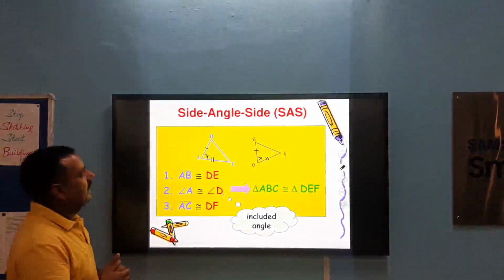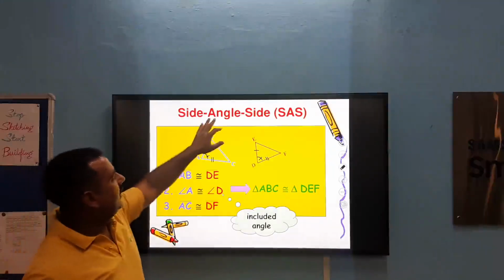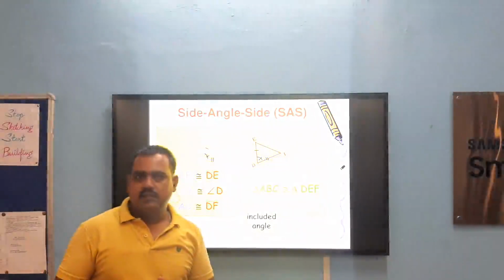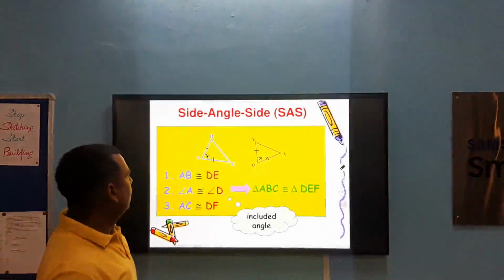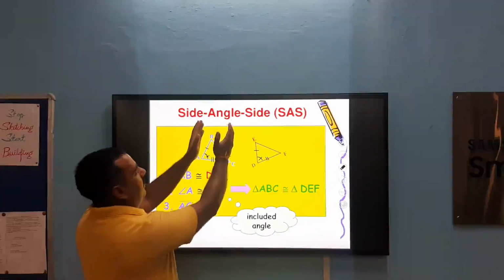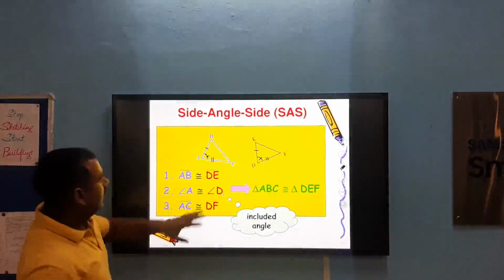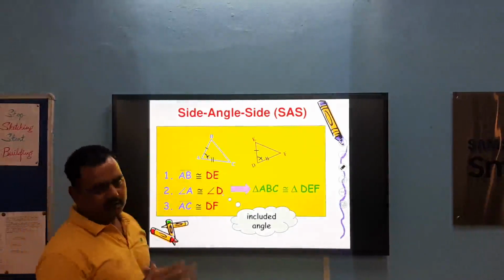Now another criteria is side, angle, side, which is SAS. Here the angle is written in the middle of the 2 sides. So let us see the diagram.